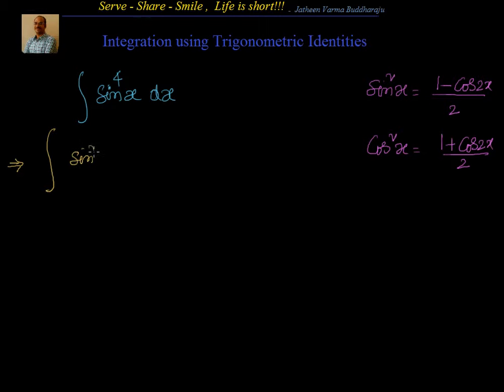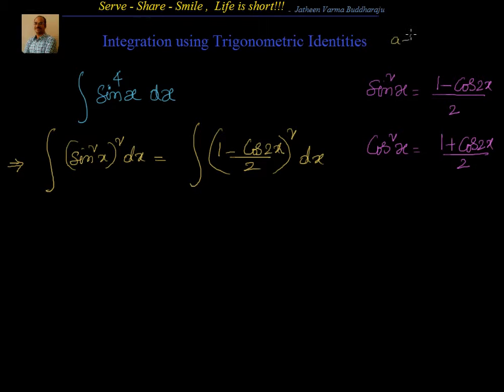So for that my next step will be, I will write (sine square x) whole square dx. That's nothing but the integral of, now sine square x we know is nothing but ((1 minus cos 2x) by 2) whole square dx. Now this you know is (a minus b) whole square, so we can do that easily. (a minus b) whole square equals a square minus 2ab plus b square.